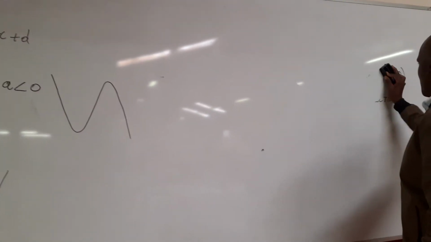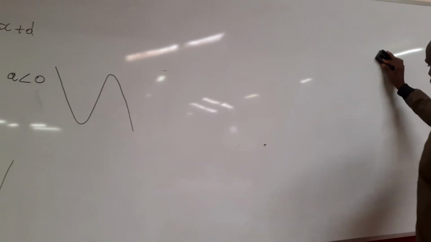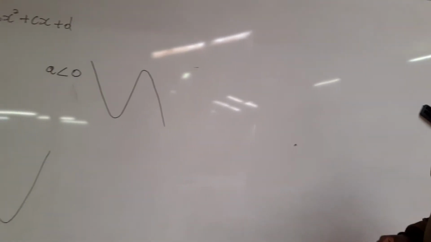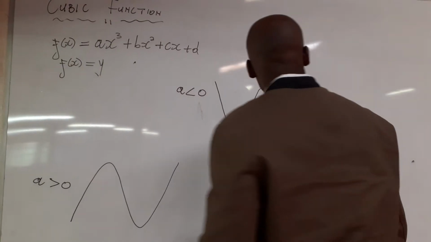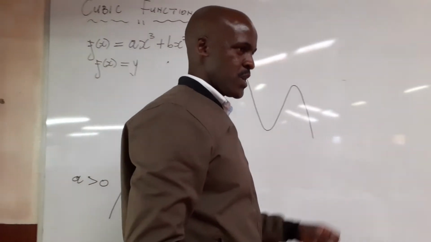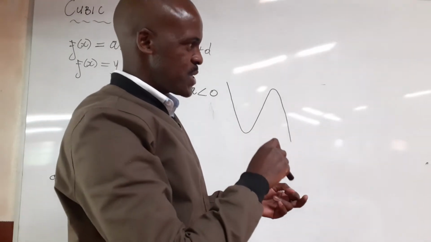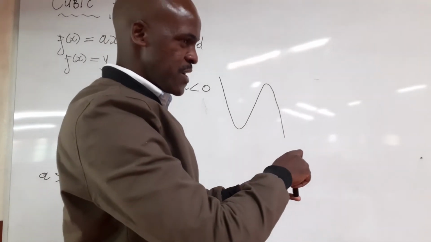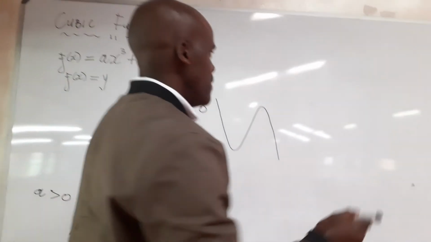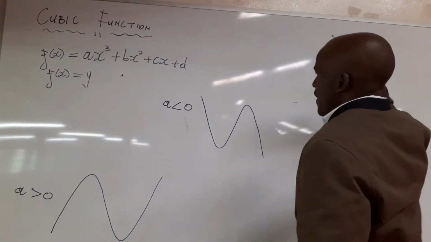Right, now let's look at how to find each of those points. Remember, we've got the y-intercept, the x-intercept, the stationary points, and the point of inflection.